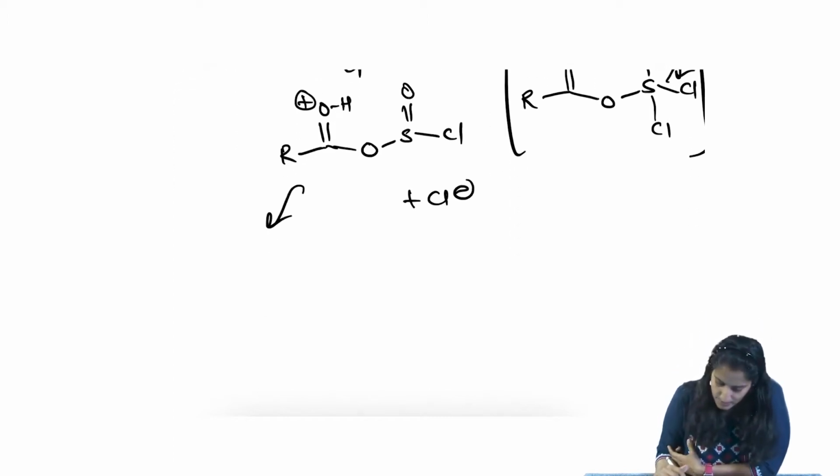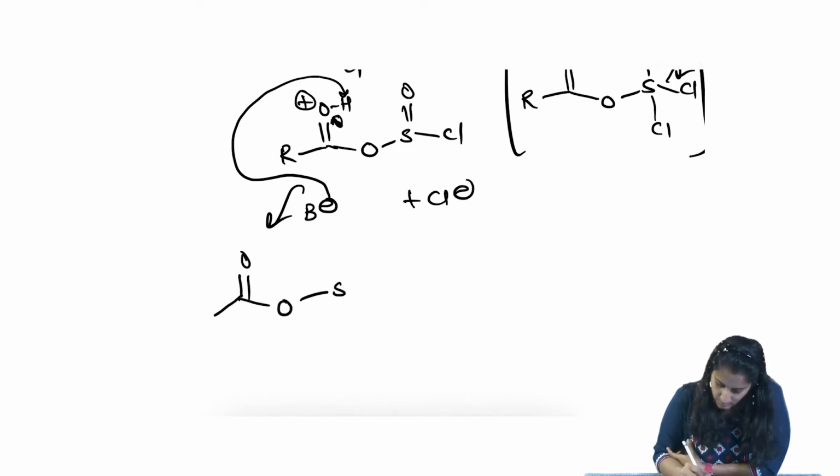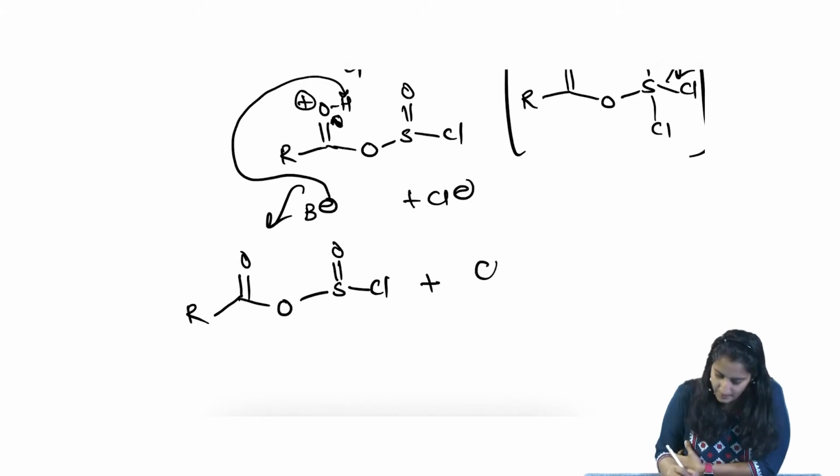So, as this proton is lost, I am going to write a generic base, B minus, and it is going to get rid of this. Okay. Now, this is my intermediate.